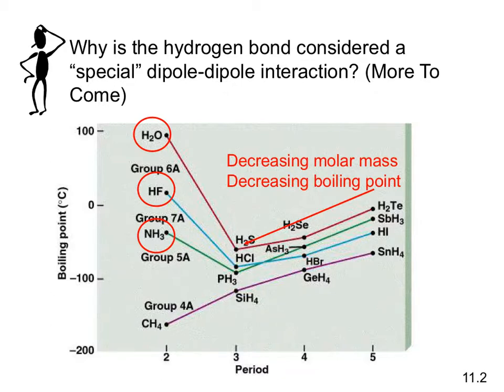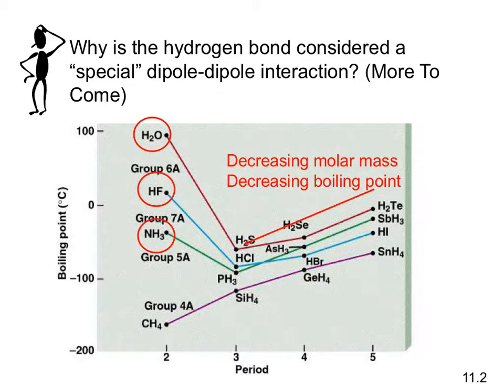But if you notice, these three chemicals, which all have hydrogen bonds, don't follow that trend at all. They stick together more tightly than any of these other chemicals, and therefore it takes a lot more energy to get them to boil than we would expect for their mass.